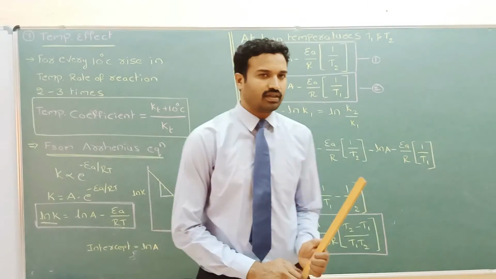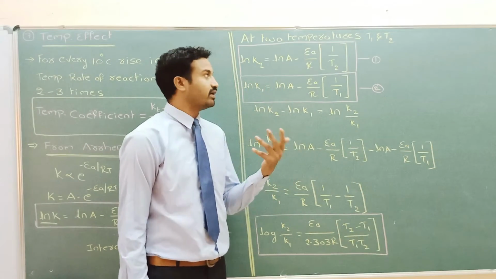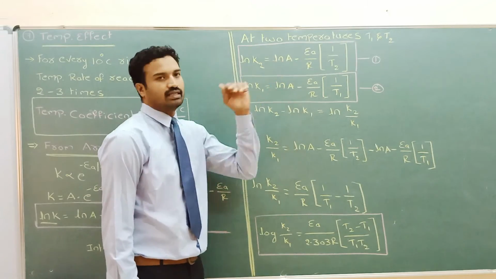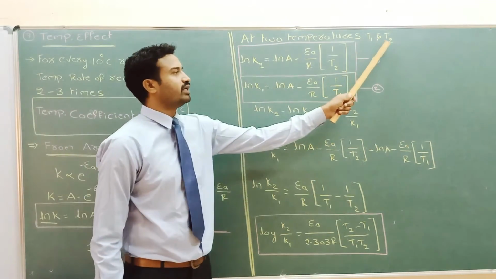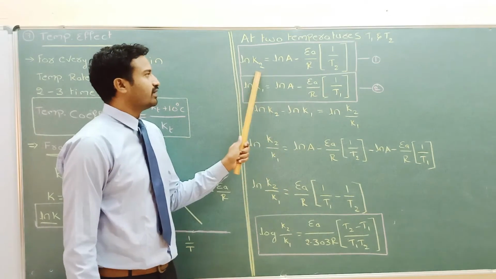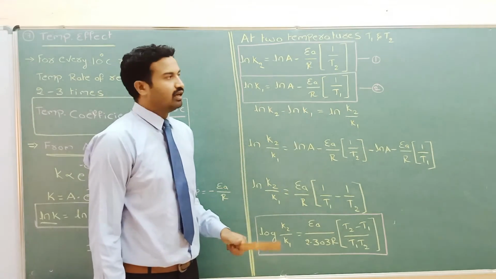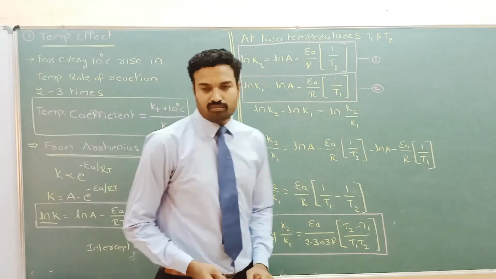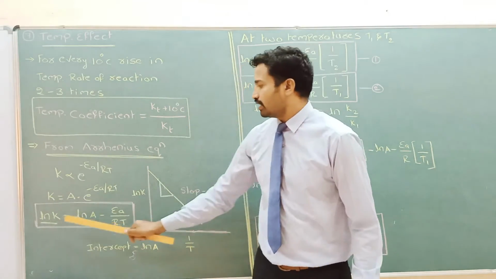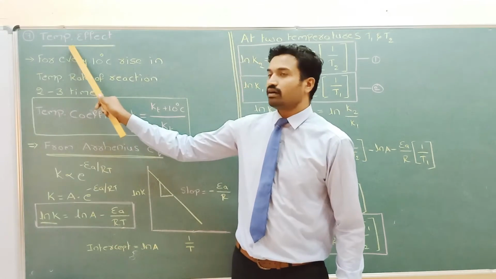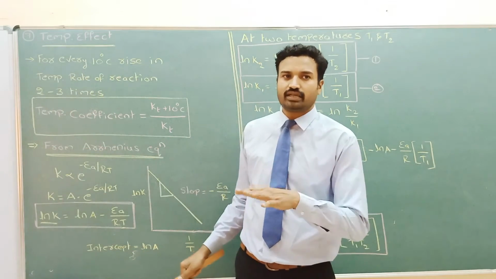Now we will see the derivation of the effect of temperature at two different temperatures, T1 and T2, and what the rate constant values are. The rate constant depends on the temperature.